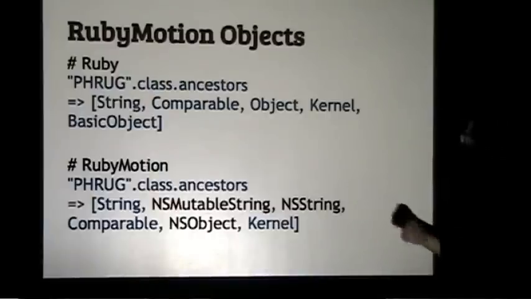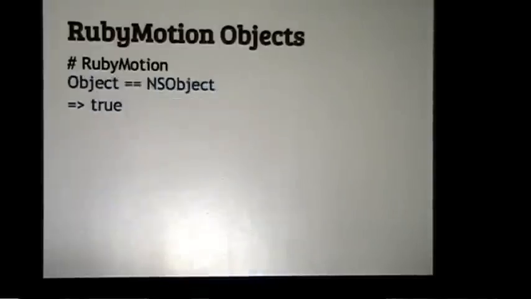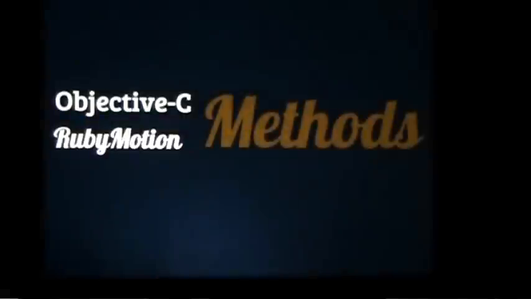So all objects in RubyMotion are coming essentially from Objective-C or the Foundation framework. I guess that's a better proof of what I'm trying to say: every object is just an NS object from the iOS SDK.